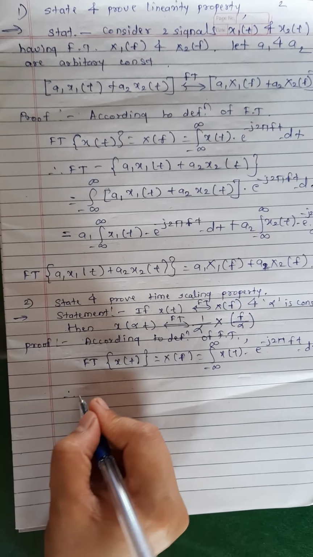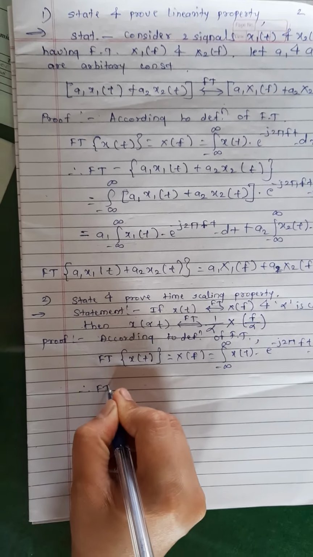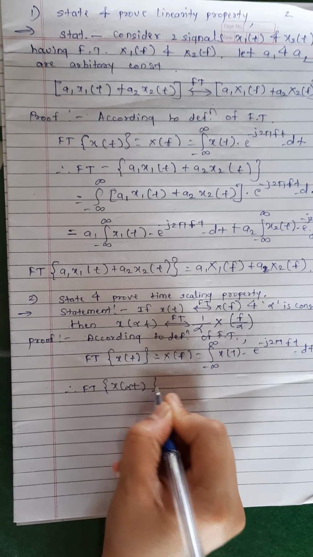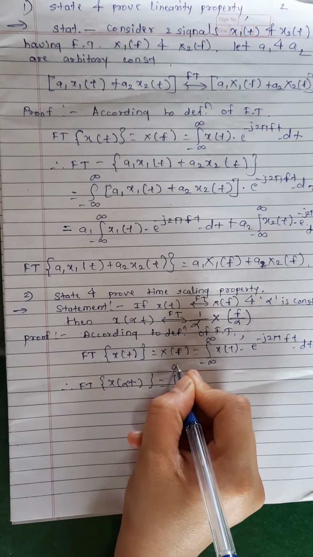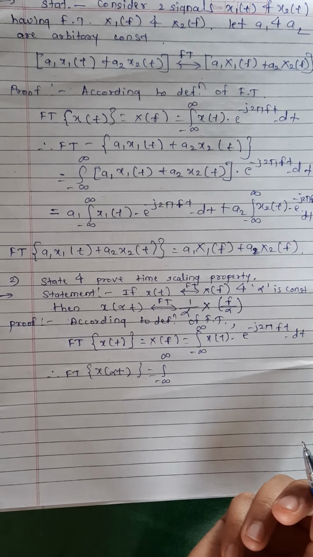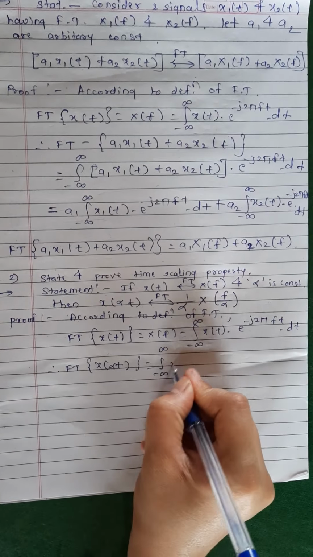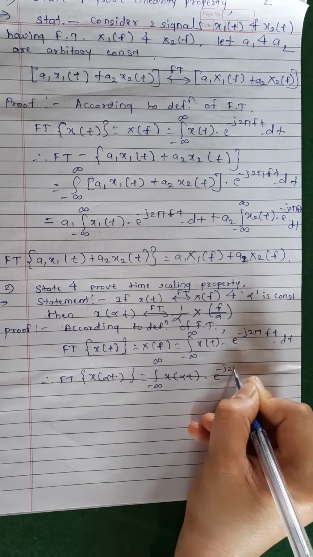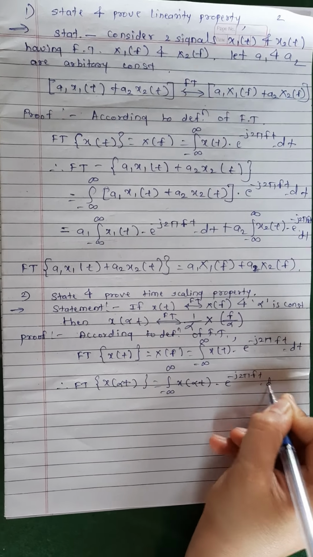Therefore, FT of x of alpha t is equal to integration from minus infinity to infinity, where we replace t by alpha t, x of alpha t e raised to minus j 2 pi f t as it is dt.